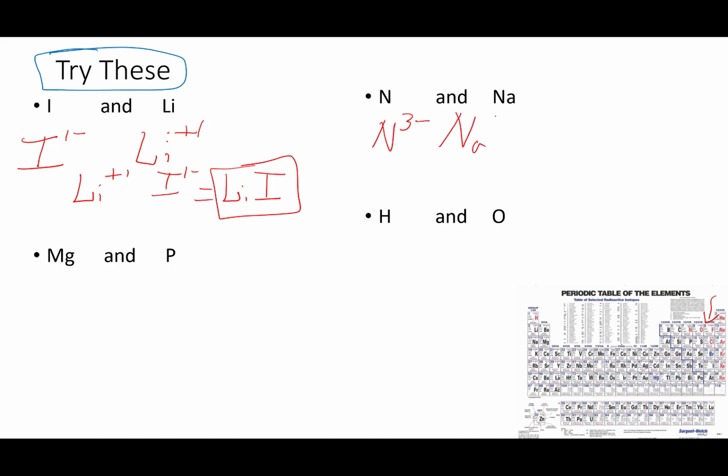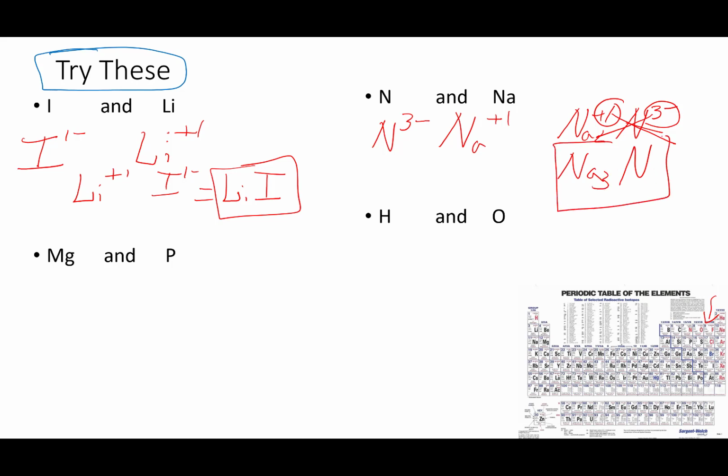Sodium is +1. Is the metal first? Nope, rewrite it. Na +1, N -3. They're not the same, so crisscross. This goes there, this goes there. Na3N, 1 comes down. Do you ever write 1s in subscripts? No, never write 1s as a subscript.